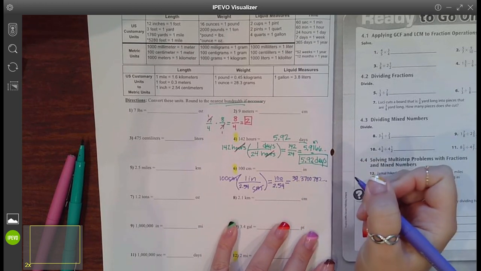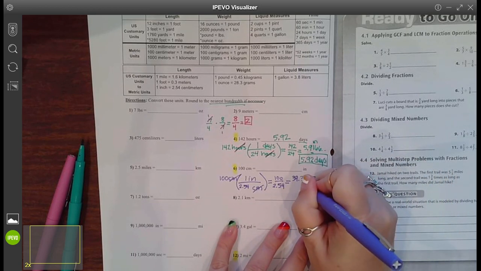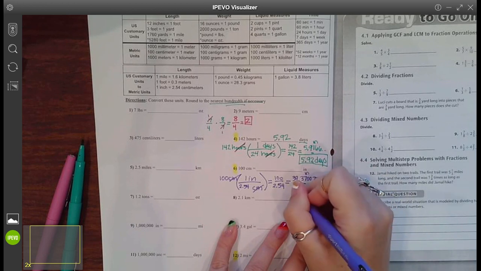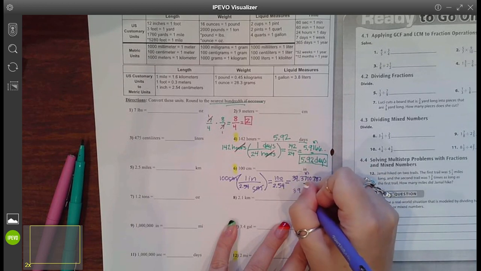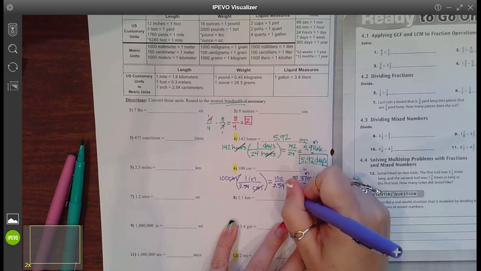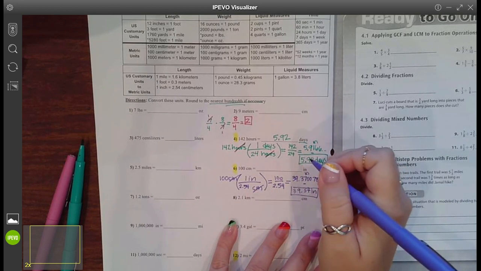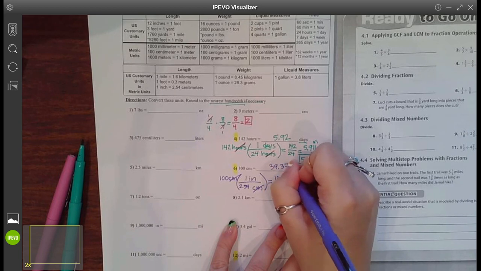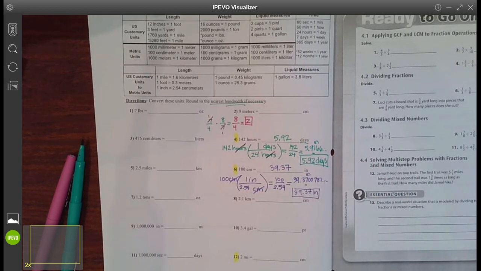It keeps going. Okay, again, I want to focus on just the hundredths place. That 0 tells this 7 to stay a 7. Okay, and I'm left with the unit of inches, which is what I wanted. So it's 39.37 inches is equivalent to 100 centimeters.